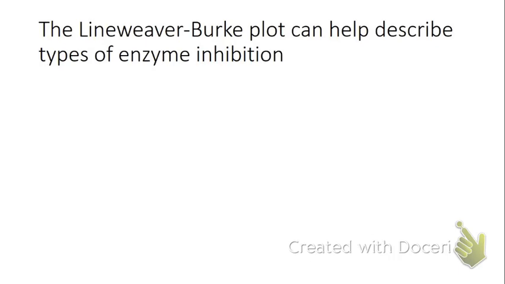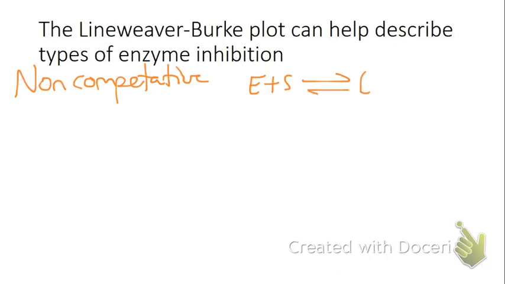The next type of inhibition we're going to talk about is non-competitive. Non-competitive inhibition is known as allosteric interaction, where your inhibitor can bind at the same time that your substrate is bound and change the binding pocket, and it can also bind outside of the active site. We're going to start with the same starting point.